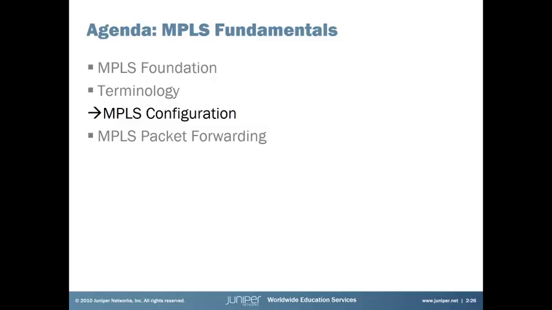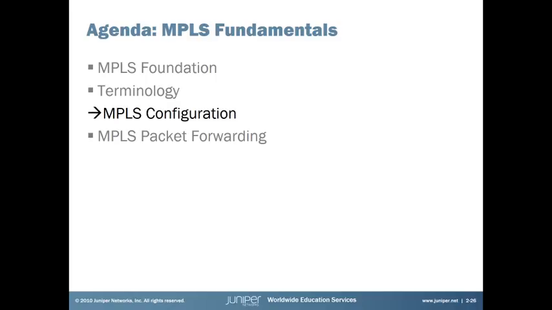We've had a look at the fact that we are forwarding packets based on this label value rather than an IP address, that we have this ingress router which does a push operation, we have our transit routers which do swap operations, and we have our penultimate router which does a pop operation, and our egress router which simply forwards the packet based on its IP address.